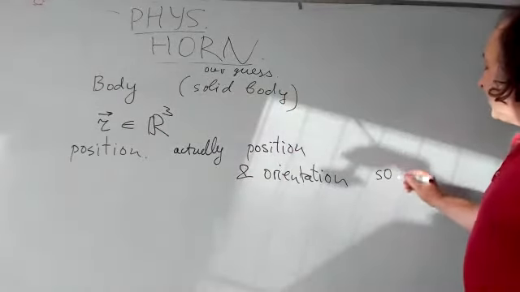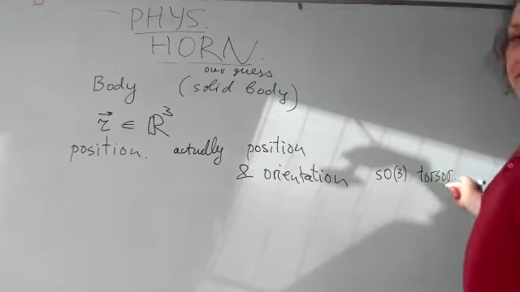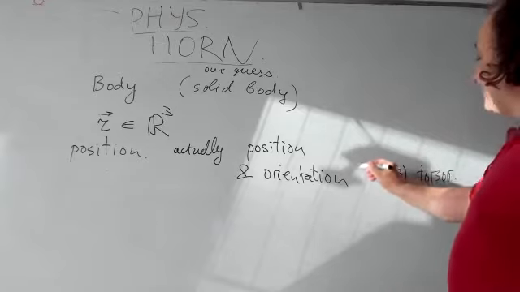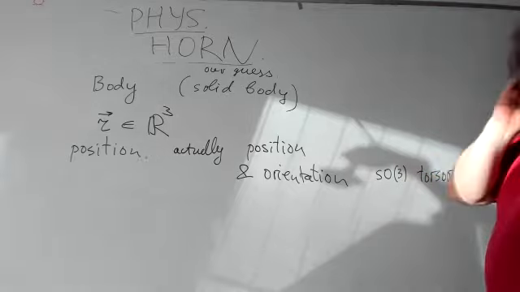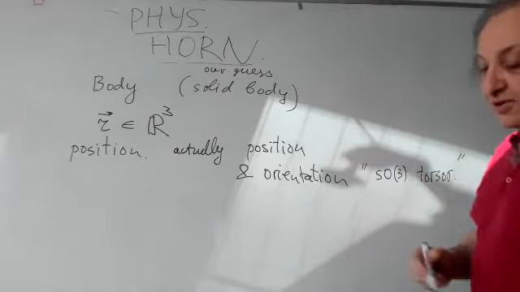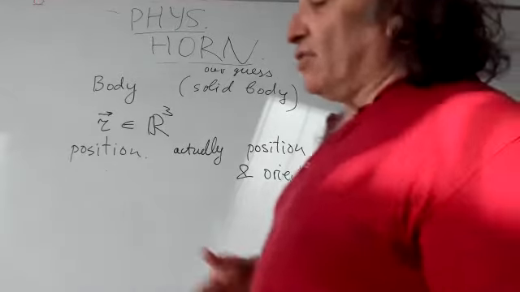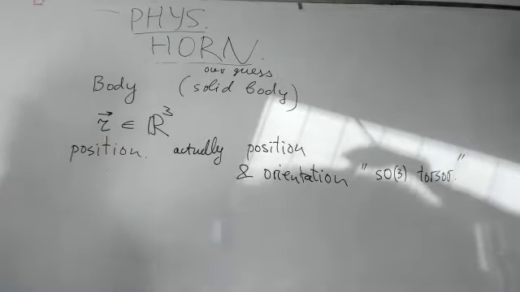Orientation is an SO3 torsor. This is for mathematicians. Physicists know what orientation is, but the proper mathematical notion is SO3 torsor. Depending on who you are, physicist or mathematician, you will understand what I mean.